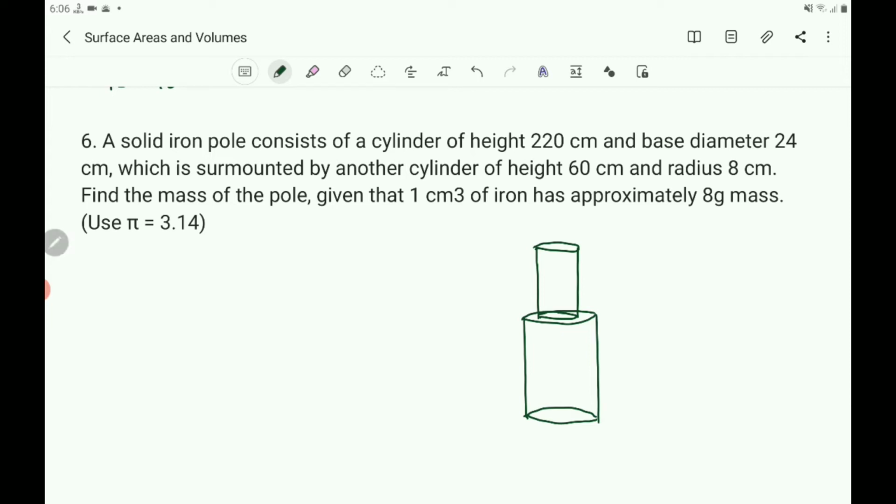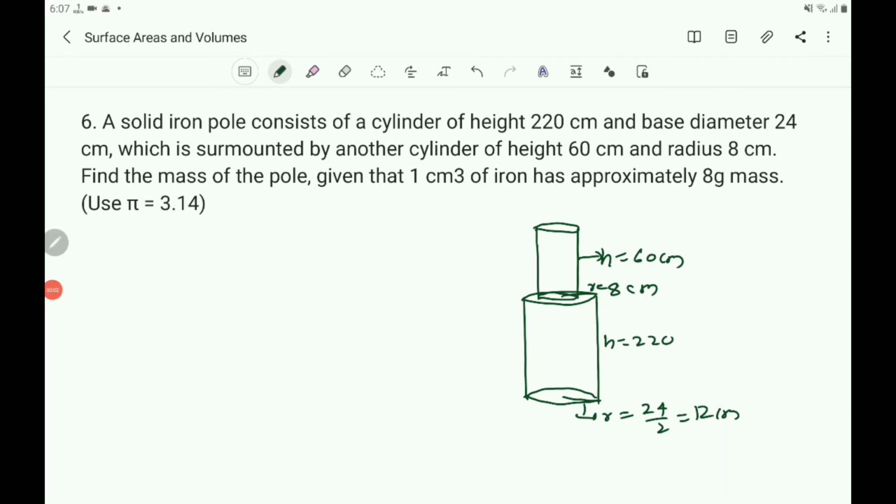If you consider this cylinder, the radius is R equals 24 by 2, 12 cm, and the height is 220. Here the height is how much? 60 cm and its radius is 8 cm.